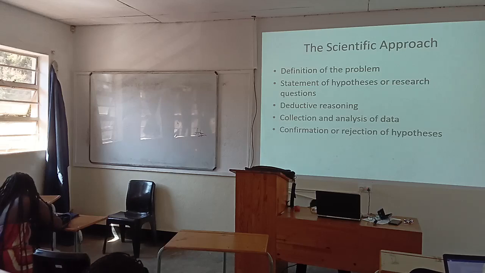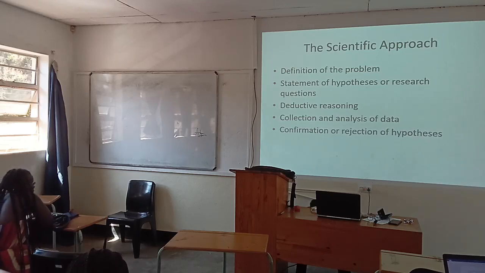Research problem. We are saying scientific approach should start with the definition of a problem. What do we mean by the problem? Something we don't know. Something which is not known, a knowledge gap. We have said this to you in several ways.